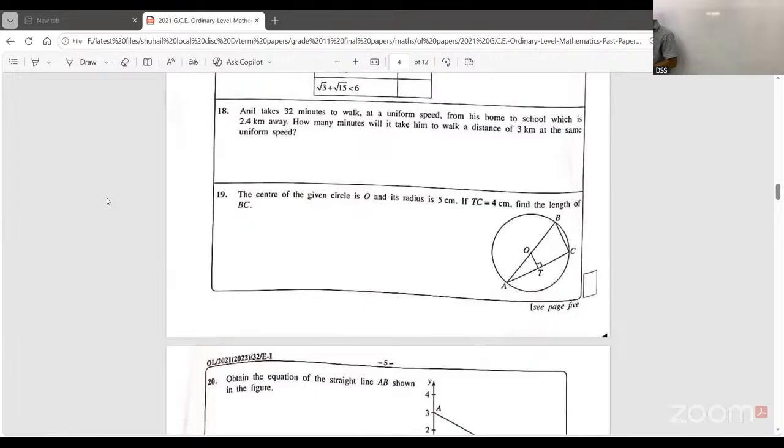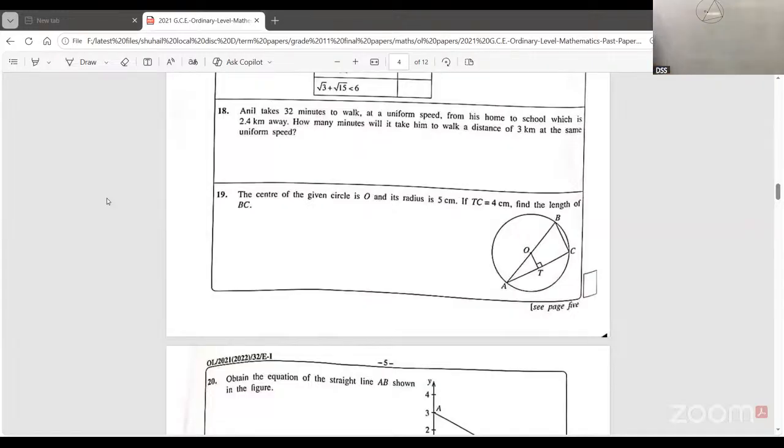Now let's see. This is a circle. See how they have given it. They have said the center of the given circle is O. Center is O. Right? And you can see A to C like this.